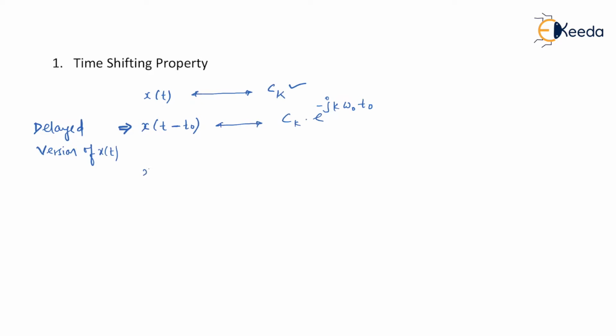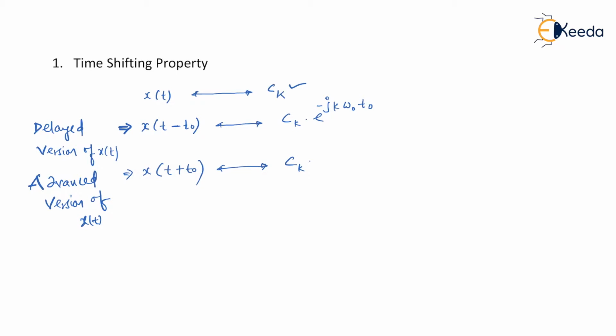That is, if we have signal as, let's say, x of t plus t naught, this is an advanced version of x of t, by the same amount t naught, then its Fourier series coefficient is the same as ck.